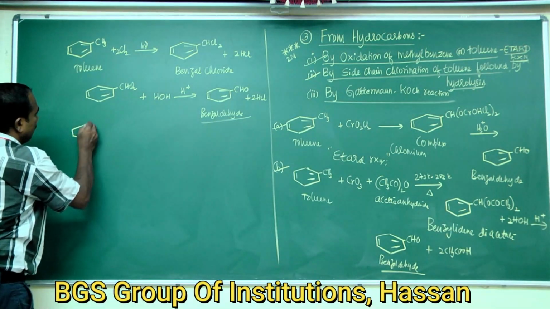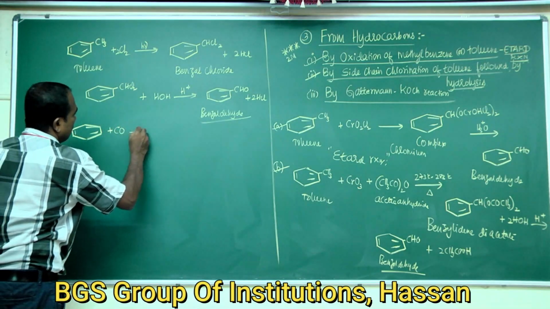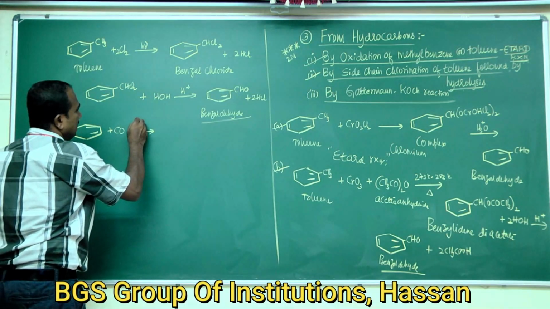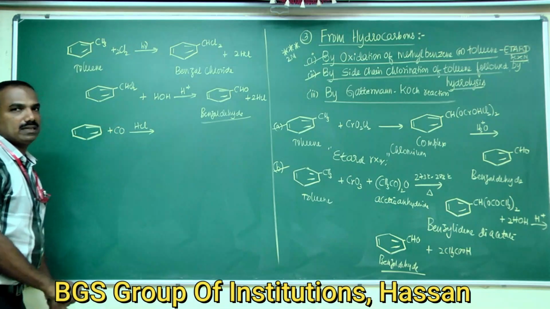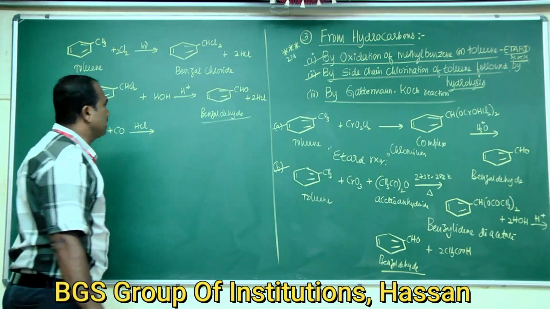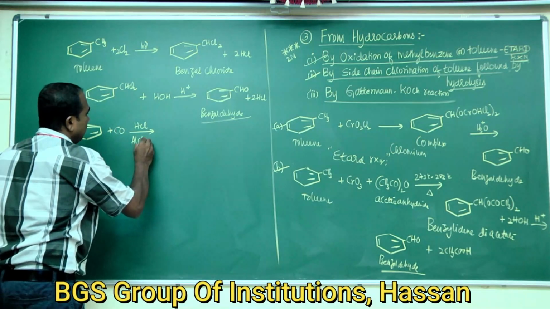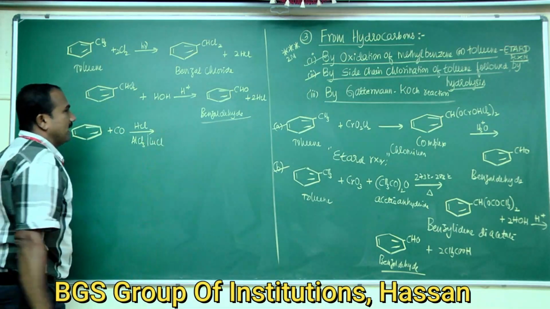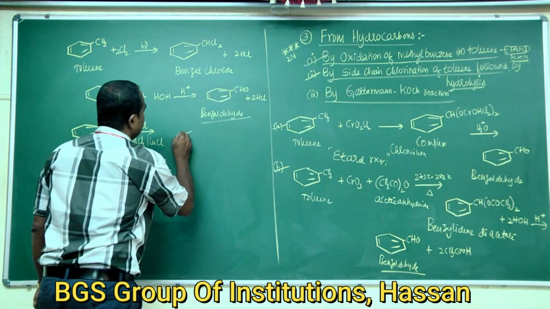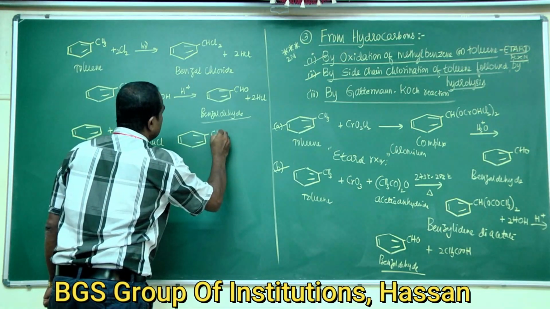When benzene is treated with carbon monoxide and HCl in the presence of anhydrous aluminum chloride or cuprous chloride, we get benzaldehyde, that is, a benzene ring connected to CHO.